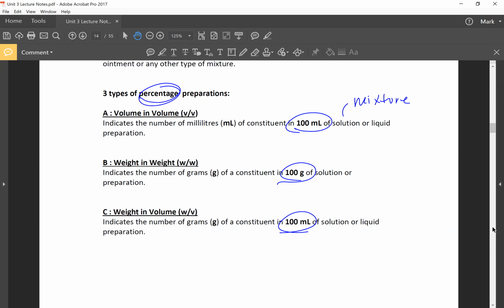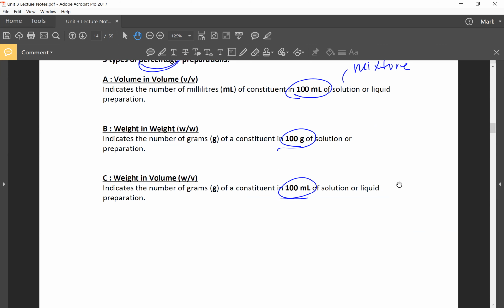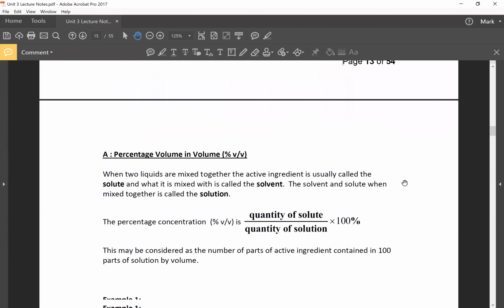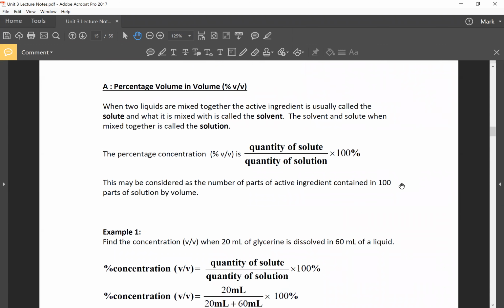So I hope this is bringing back some memories for some of you, but if it's not, who cares? Because we're going to do it together. Now, these formulas are given.